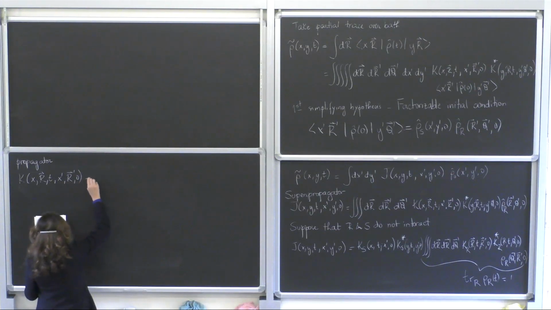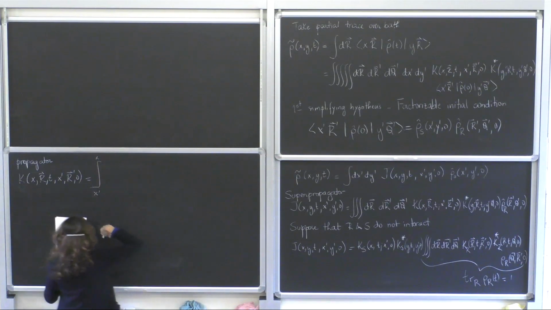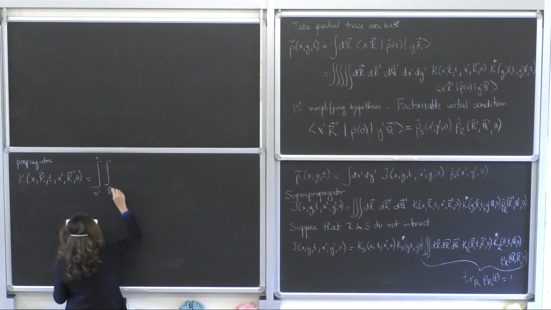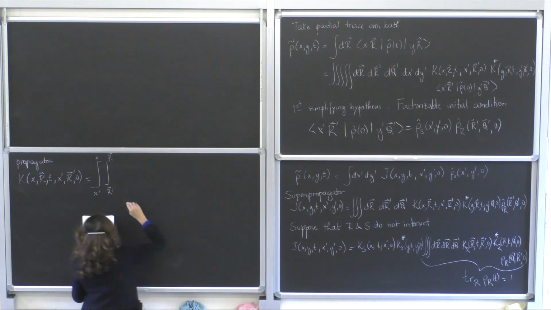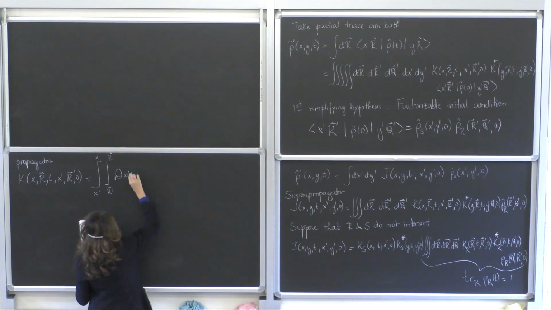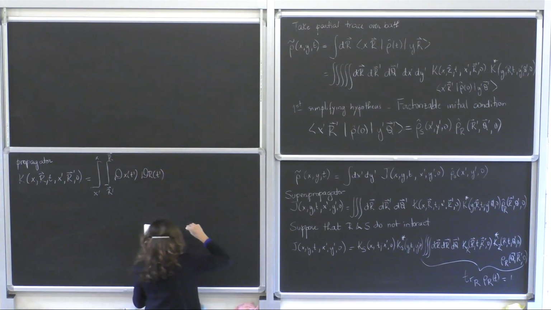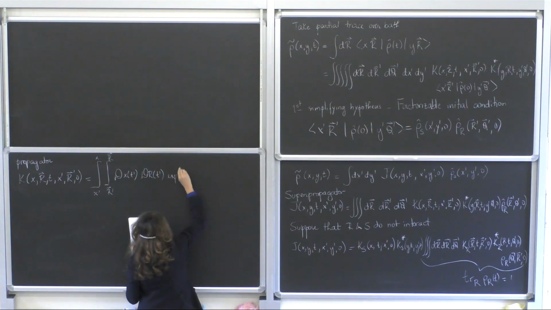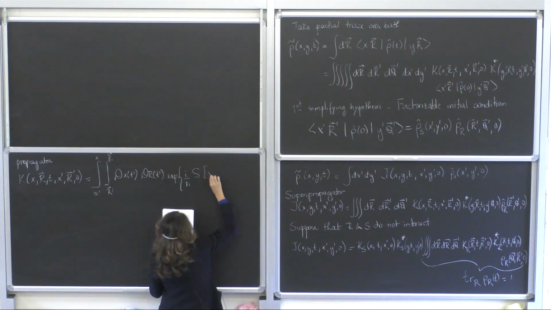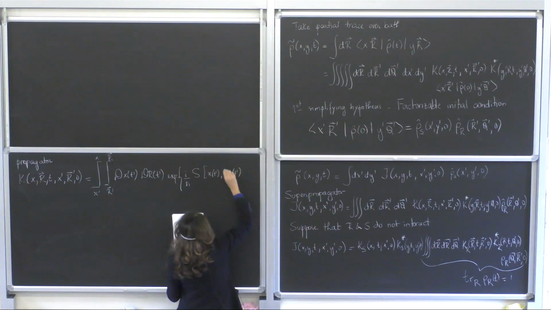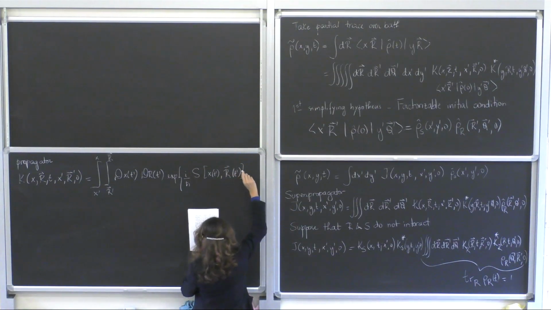So this is simply going to be written as a path integral from x prime to x, I am writing my path integrals as a kind of a square S, from r prime to r, of a trajectory x of t prime, a trajectory r of t prime, of the exponential of i over h bar S, which is a functional of x and r.